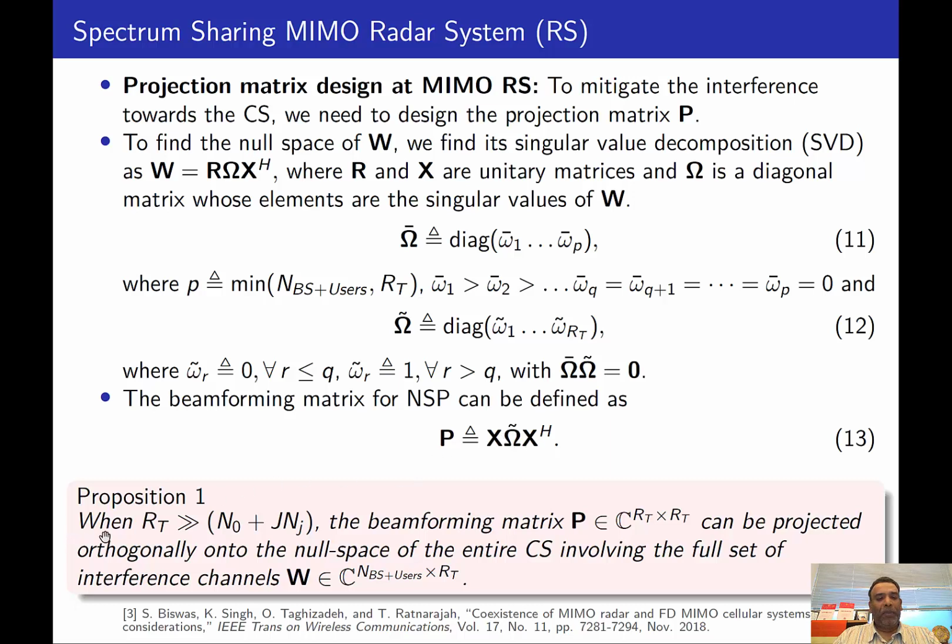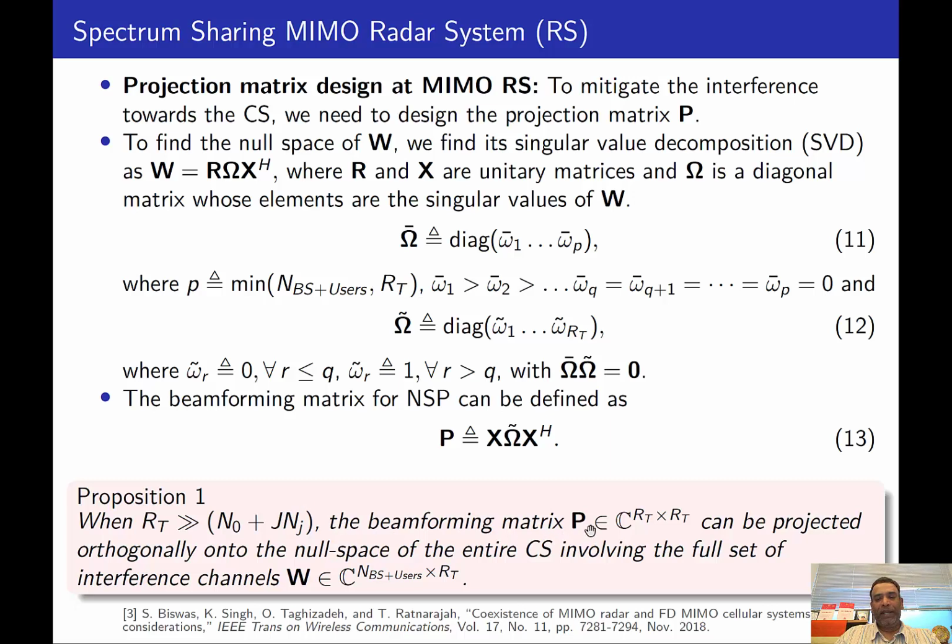Okay, so there is a small proposition. The full detail of this presentation can be found in this Transactions paper that we published a couple of years ago. When the transmit antenna at the radar is supposed to have a large number of antennas compared to the receiving antennas at the base station, and J is the number of downlink users, and NJ is the receiving antenna at each downlink user.